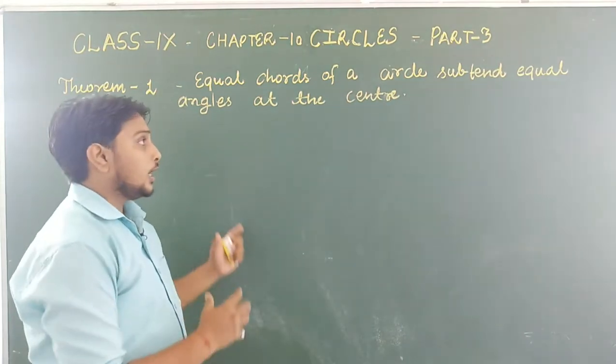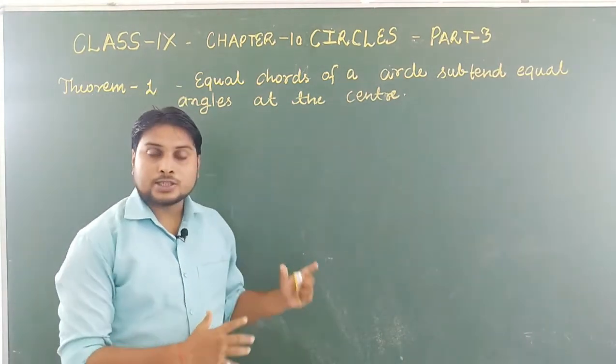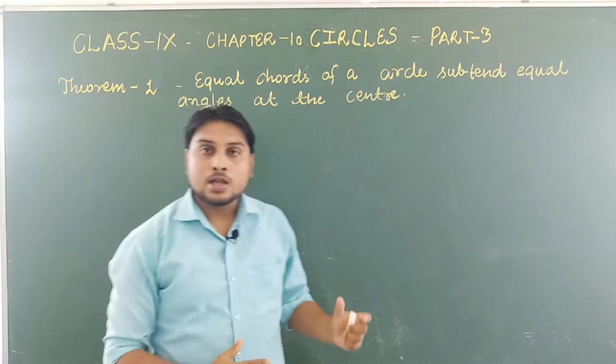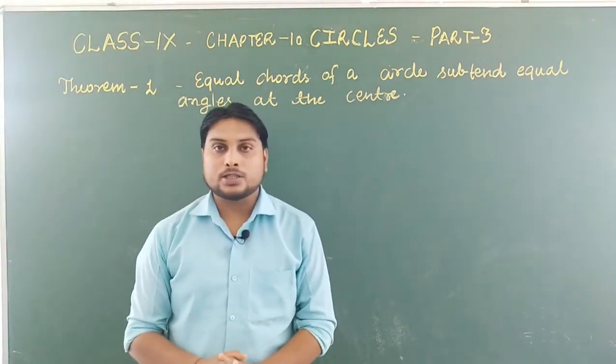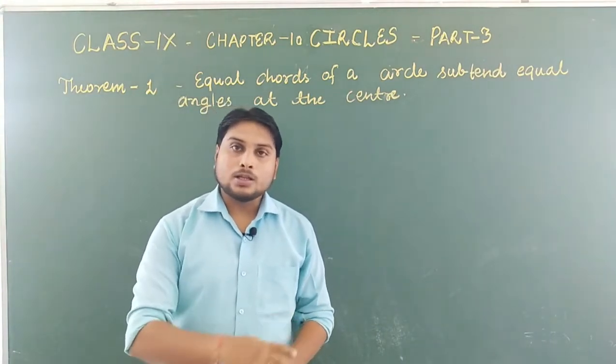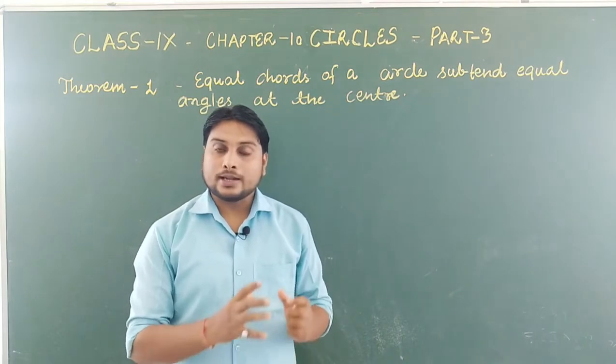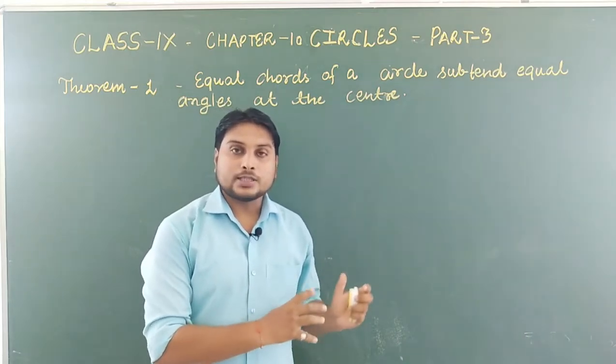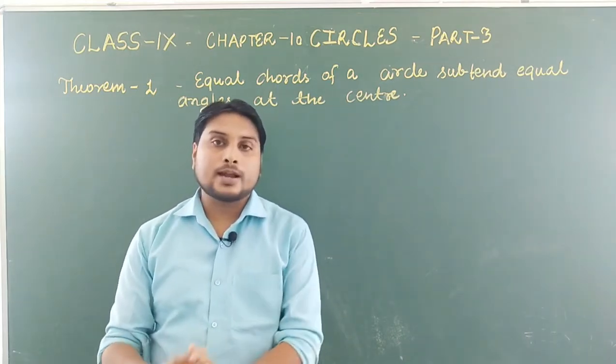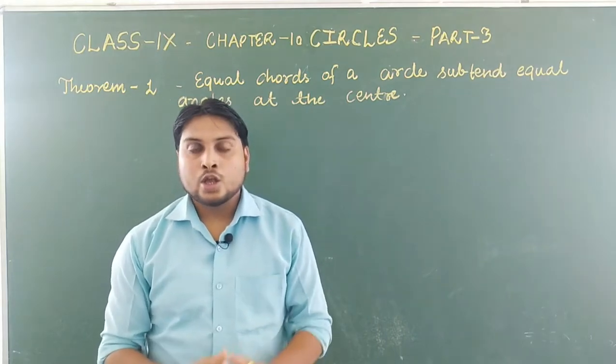So students, the theorems which are given in the book are very important results. And all the results and the questions of this chapter are based upon these results only.